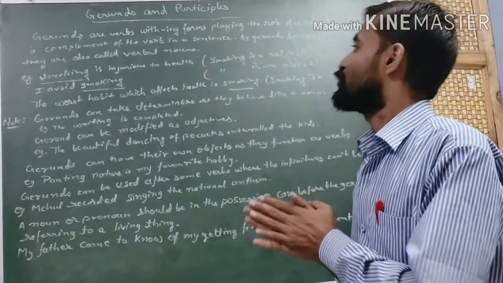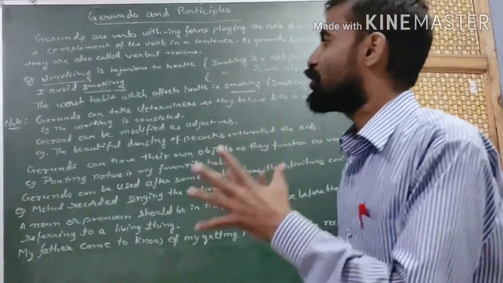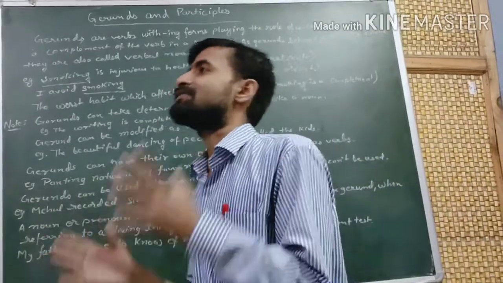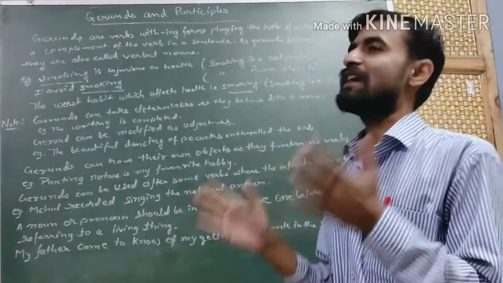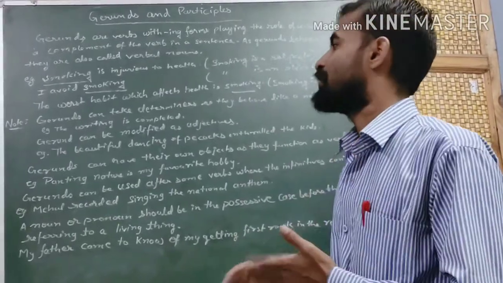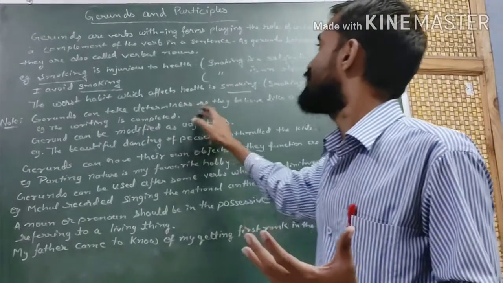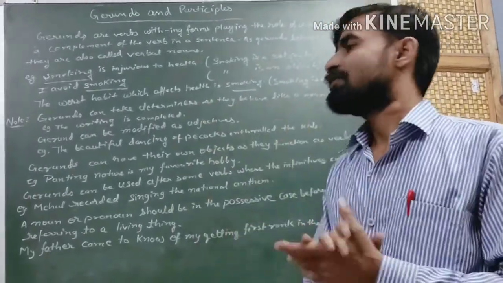Now we have to note down the differences and the main points of the gerund which we haven't discussed in the non-finite form of verbs when we read about them. Note: gerunds can take determiners as they behave like a noun.